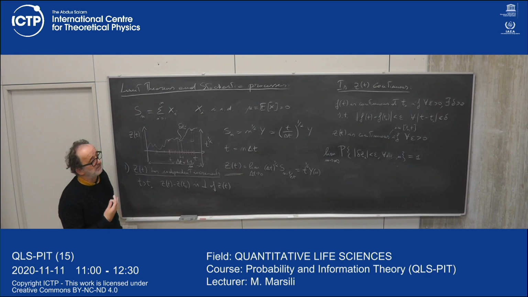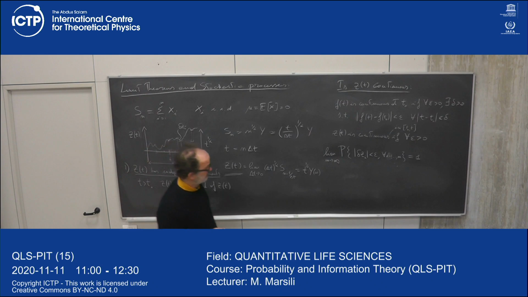So there is no jump larger than epsilon in this function, okay? With probability 1.